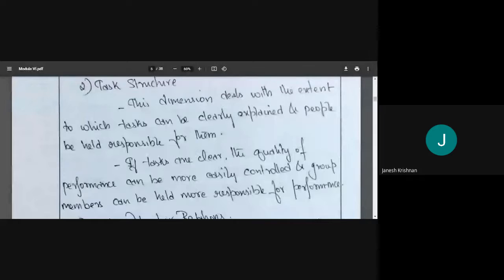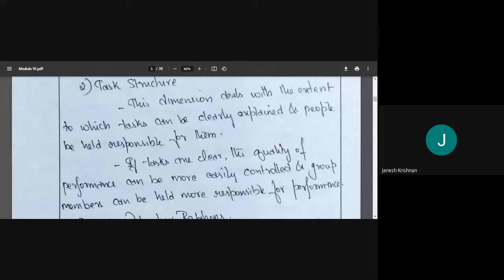I have given you a task, but there is no clear explanation of what you have to do, so I cannot control the performance. I cannot hold a person responsible either. I cannot say, why did you do this? You'll say, you just said prepare a pen. Why make a pen? Because this is a pen, right? That will be the situation.